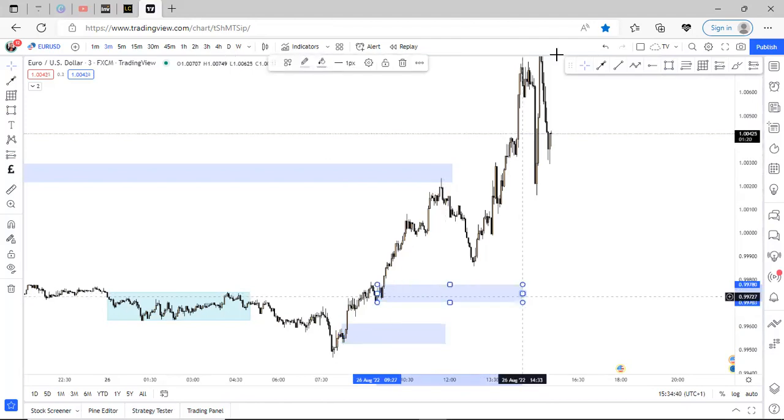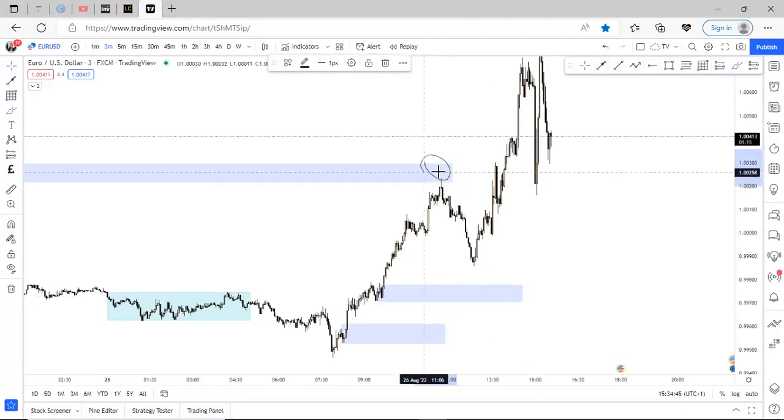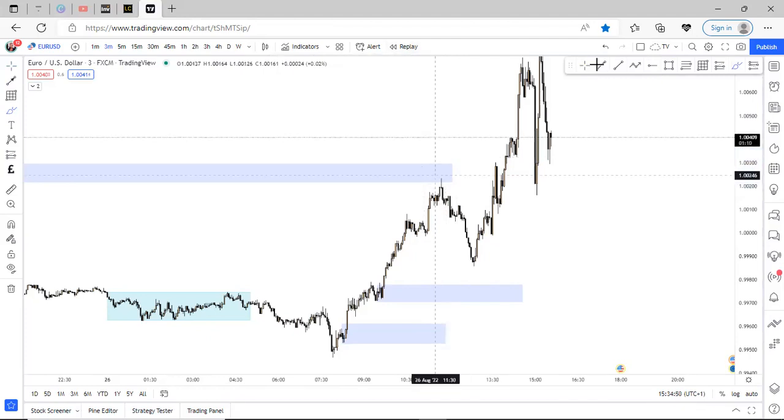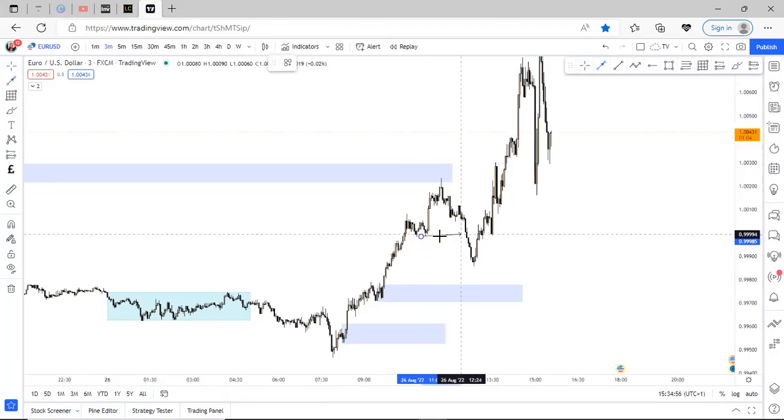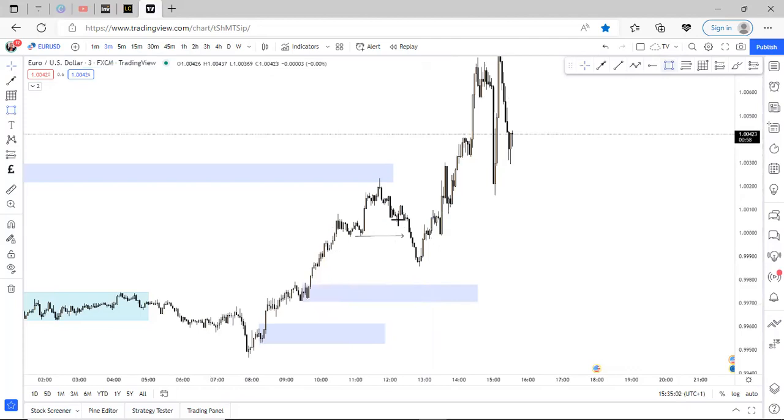So what did I do? I waited for confirmation, because this wasn't a valid or a good point of interest for me. I waited for price to break below this low, and once price broke below this particular low, I then started looking for a re-entry opportunity, with my stop loss at this high right here.